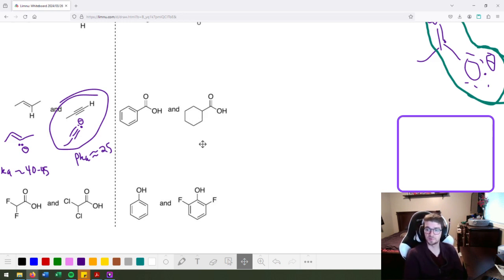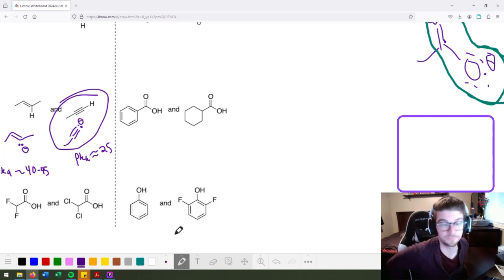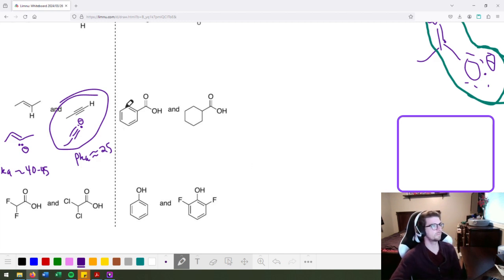So the main difference between these two being that the benzoic acid is attached to an aryl ring, so there's going to be a great deal of resonance stabilization, versus the cyclohexanoic acid is just going to have the two resonance structures for the acetate group. So very quickly draw those out.